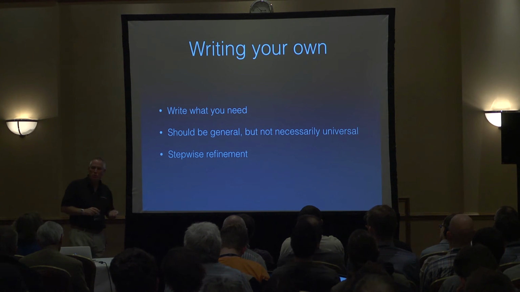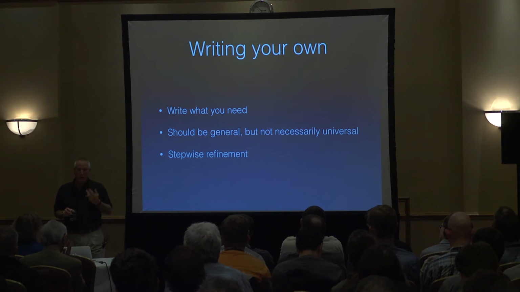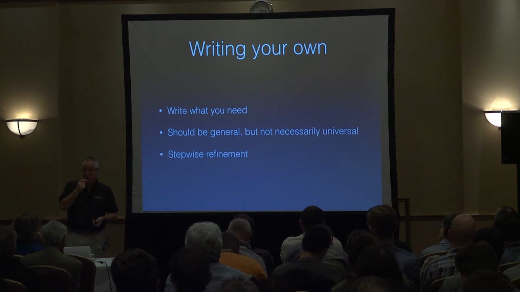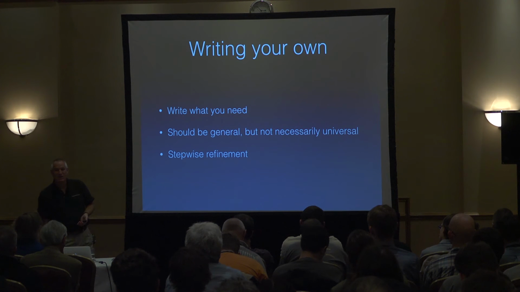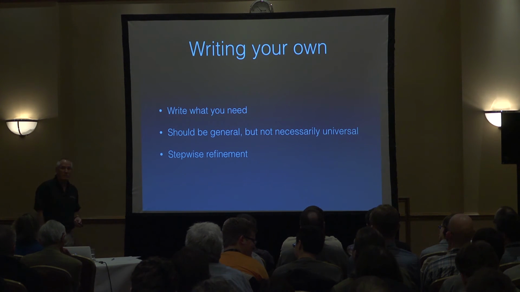When you're writing algorithms, don't write algorithms just because you thought of a cool algorithm. Write what you need, because you're much more likely to get it right when you're going to use it. Write something you need, and use it. That way you will get experience in using it, you will get an understanding of the problem, and you will get a benefit in your code base.